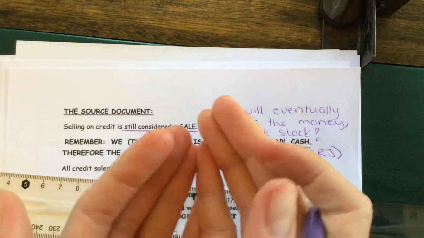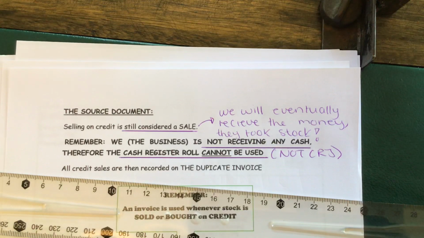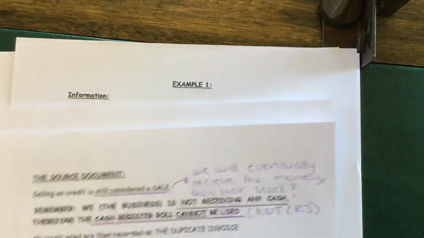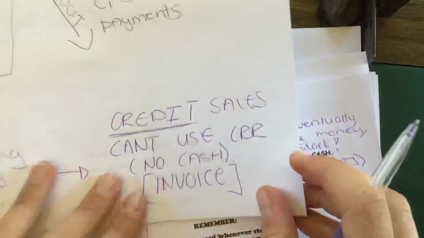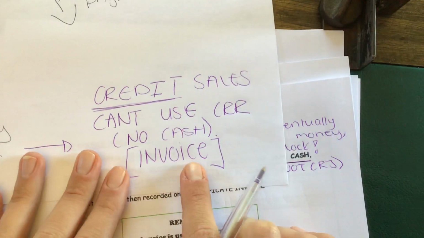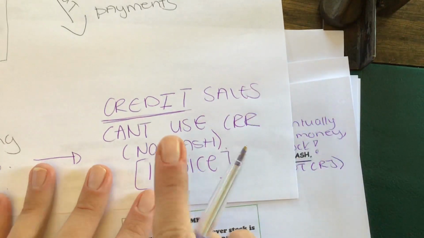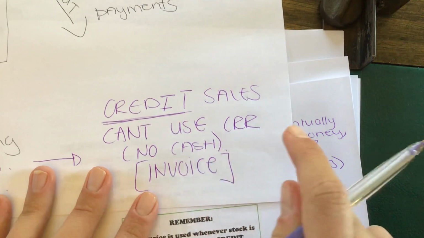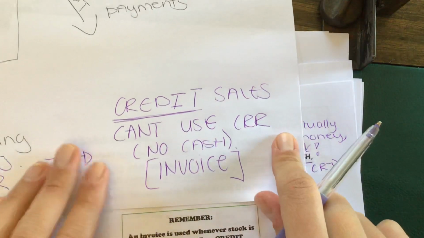They're literally taking our stock, taking it home with them, and we're hoping and praying that they're going to come pay us back at a later date. So, like I said here, the source document is always the invoice. Now we have to decide, is it the duplicate invoice or is it the original invoice?